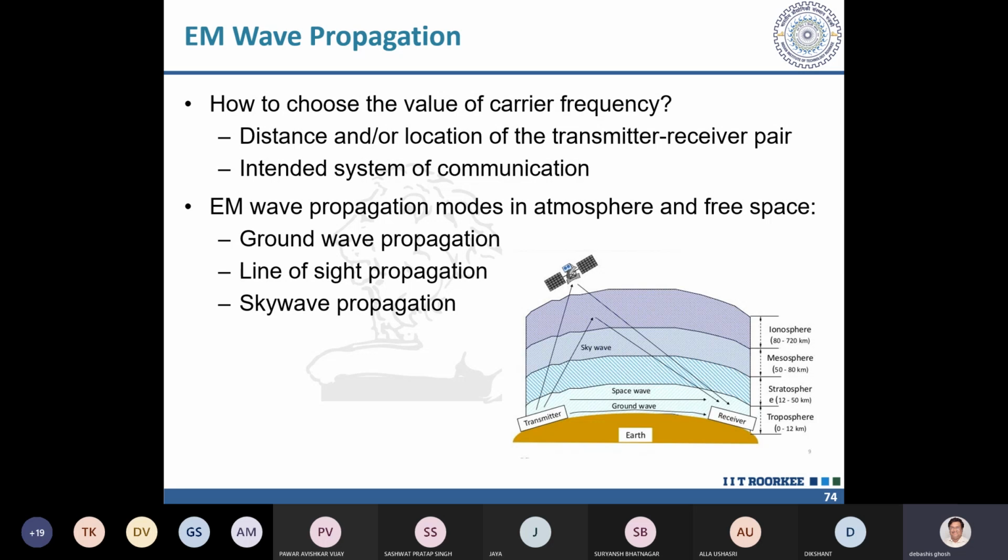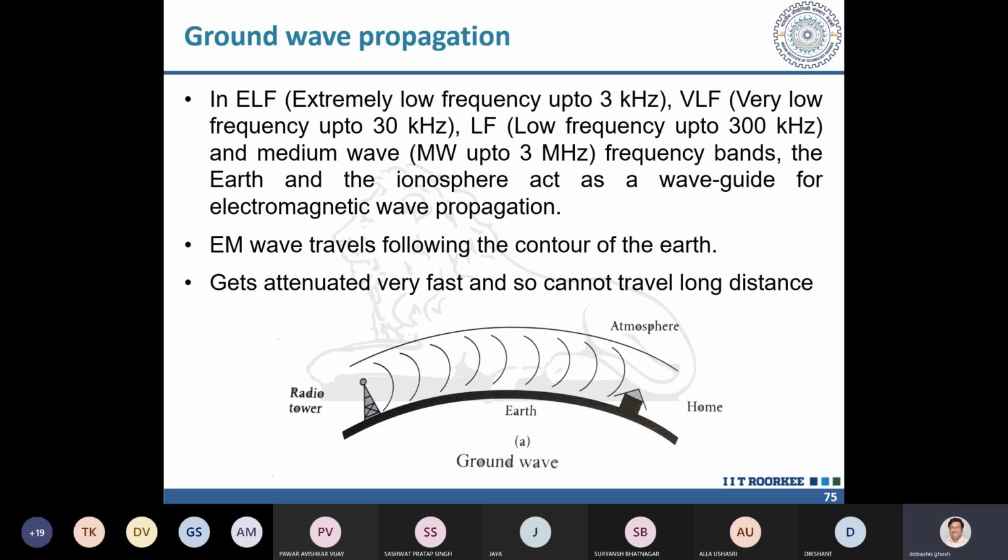What is ground wave? Very low frequencies: extremely low frequency up to 3 kilohertz, very low frequency up to 30 kilohertz, low frequency up to 300 kilohertz, and medium wave up to 3 megahertz.